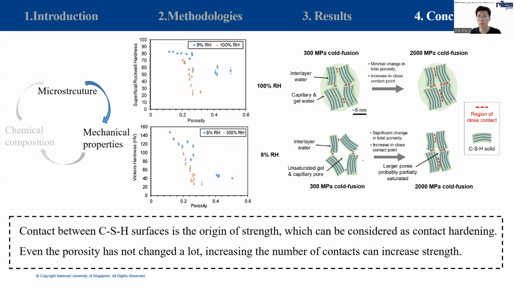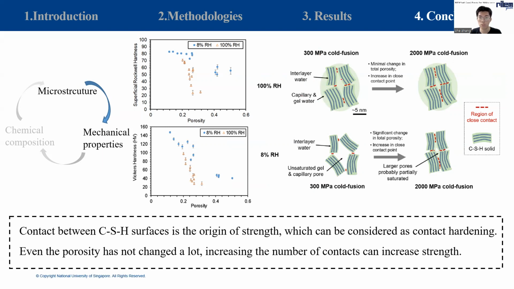The schematic map shows that when the CSH powders are cured in 8% RH condition, the higher compacting pressure will significantly decrease the total porosity. The denser microstructure results in larger strength. However, as the CSH powders cured in 100% RH condition, the capillary pores and gel pores are all saturated.